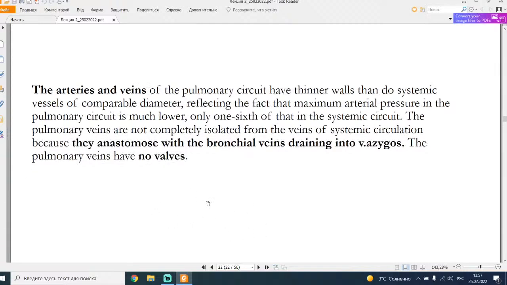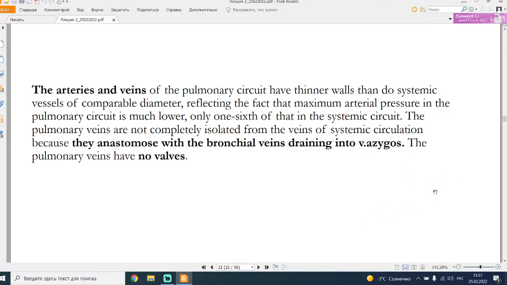The arteries and veins of the pulmonary circuit have thinner walls than systemic vessels of comparable diameter, reflecting the fact that maximum arterial pressure in the pulmonary circuit is much lower, only 1/6 of that in the systemic circuit.